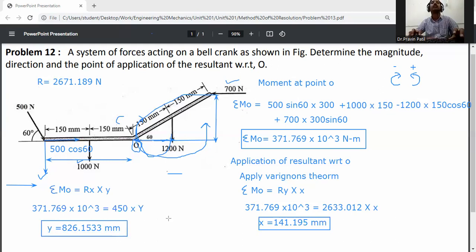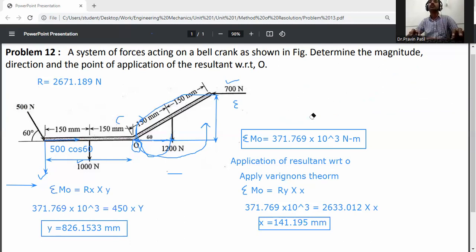Now locate the resultant with respect to point O. I will draw the x-axis and this one is y. The location of the resultant is in which quadrant? Both values we have got are negative, which means it is in the third quadrant.